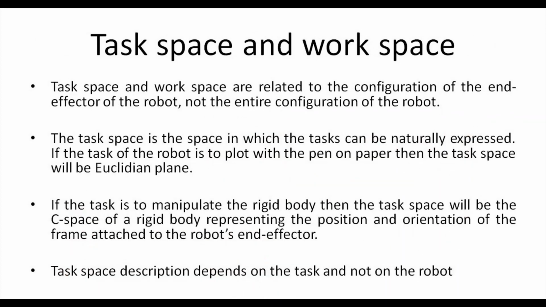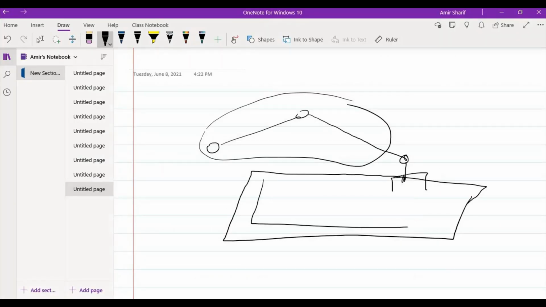So let's say here we have a pen, and with this pen we want to draw something on this paper. So here we have a paper and we want to draw with this robot.